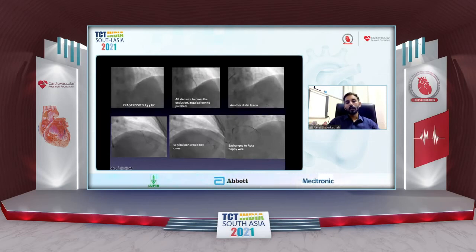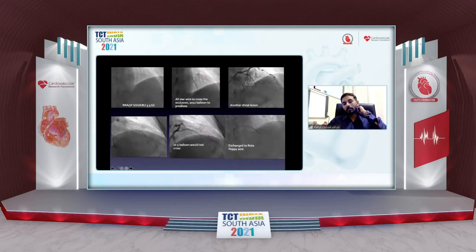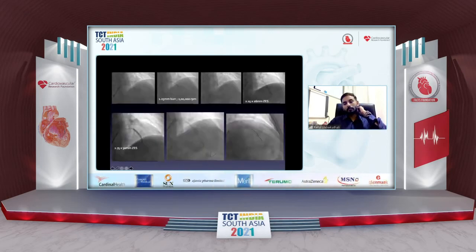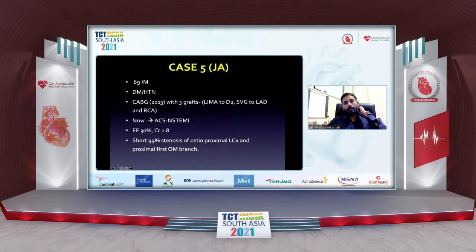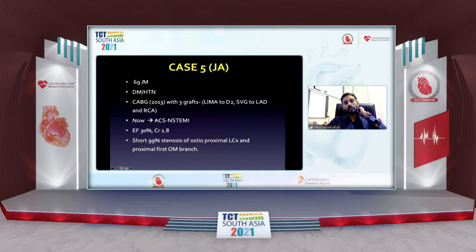So I had to use rotablation. This segment was not giving way with any balloon, even the 1 millimeter balloon. I didn't have a 0.85 in stock at that time. So that's the last case, and then I put a stent there.